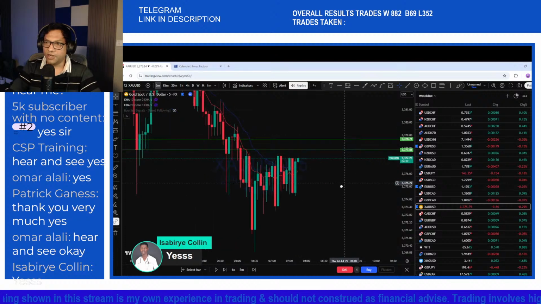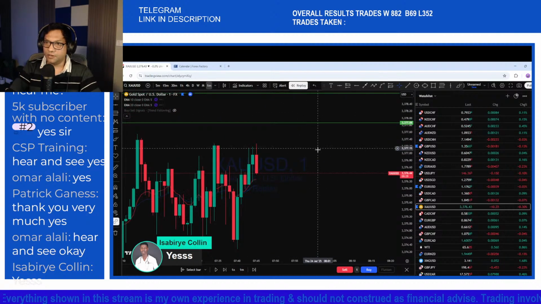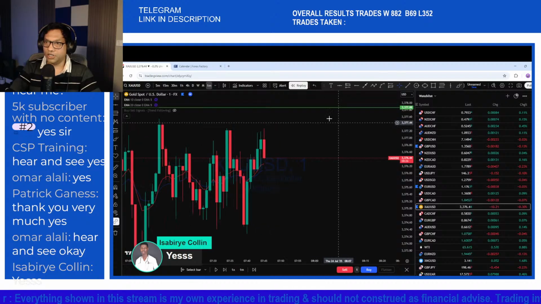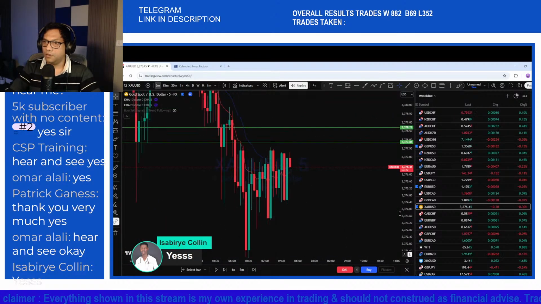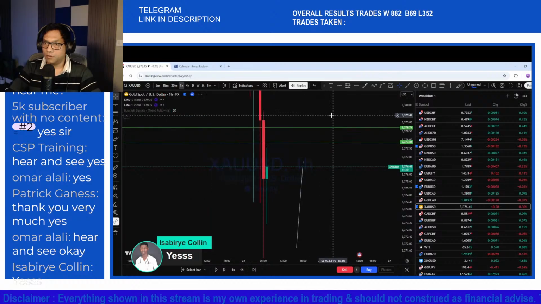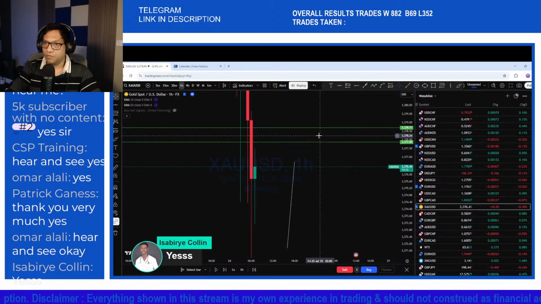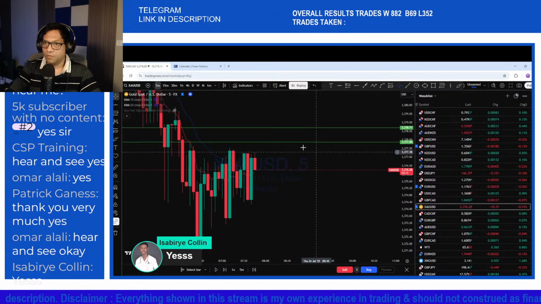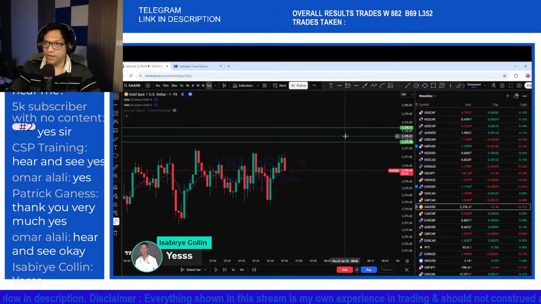Here the market is trying to push back to the upside, and yes, trying to reject from this level. So looking for a possible entry here.